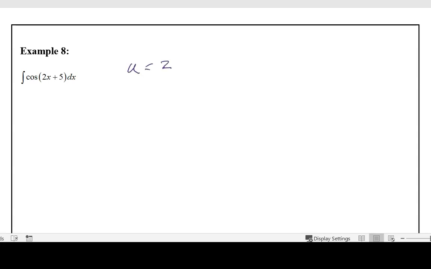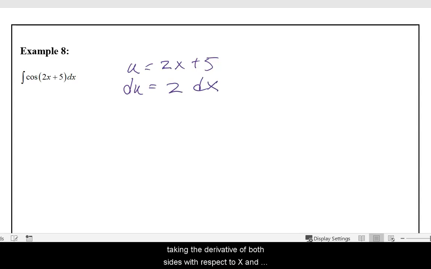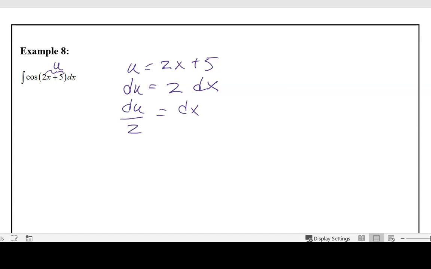Let's try it. If u is 2x plus 5, then the differential du is 2 dx by taking the derivative of both sides with respect to x and swinging the differential dx around to the right, called an abuse of notation. Now I don't have the 2 since this center part becomes u, which means I can solve for the differential dx and get du over 2.